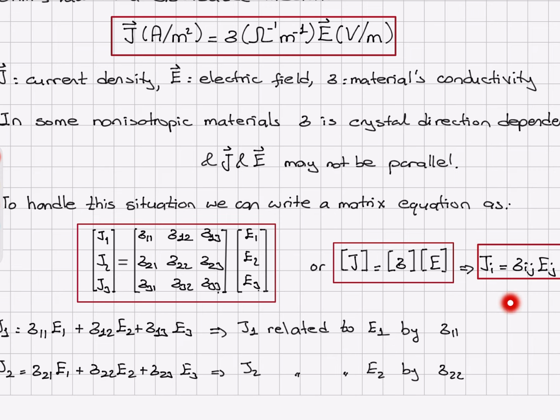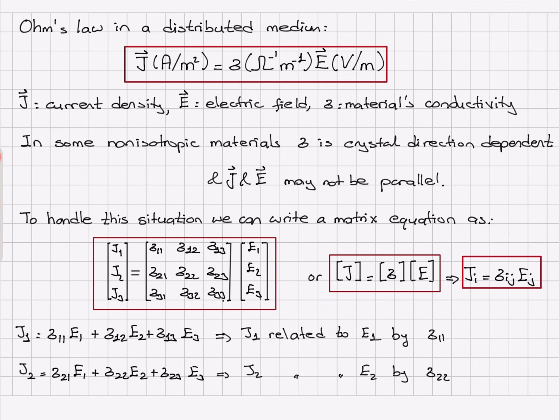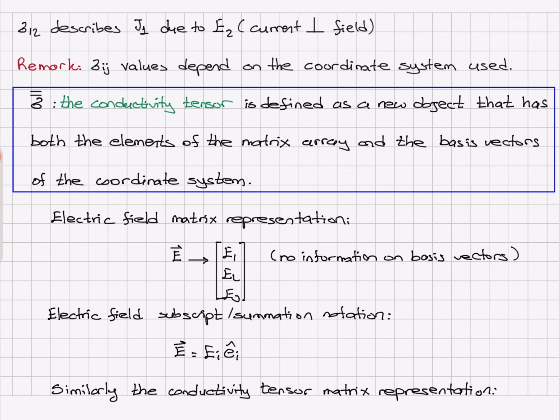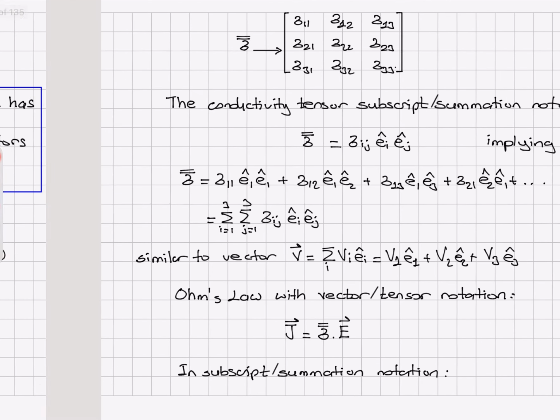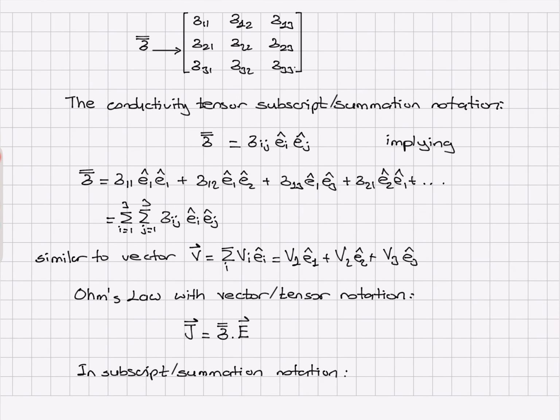Now, how can I describe this equation using my tensor sigma? So we find that the conductivity tensor can be written as sigma ij ei hat ej hat, so that the sigma ij is basically telling us the sigma values in the bins defined by ei hat ej hat.